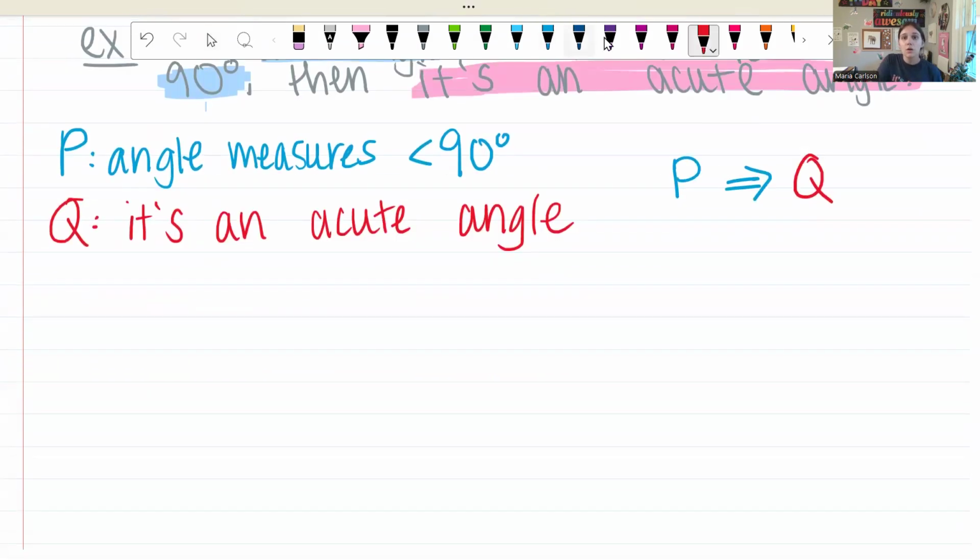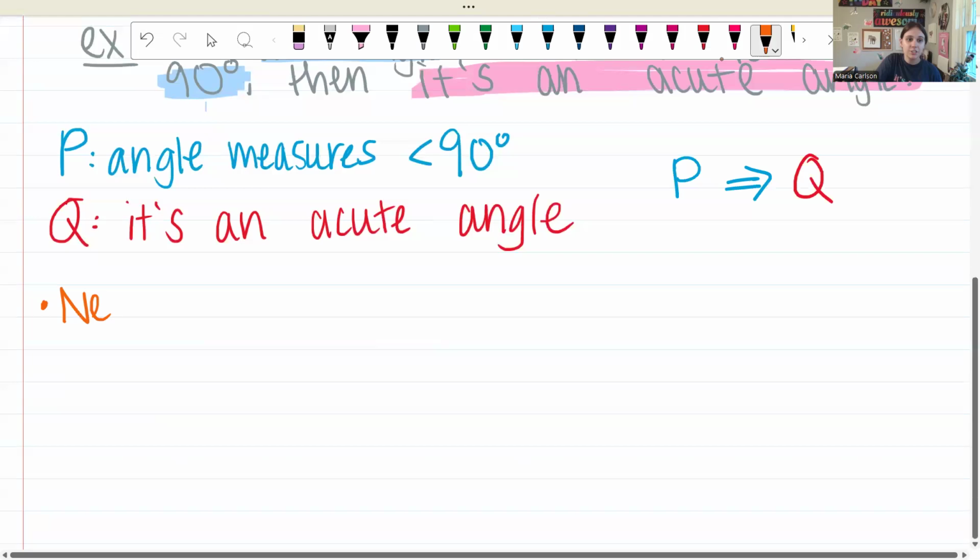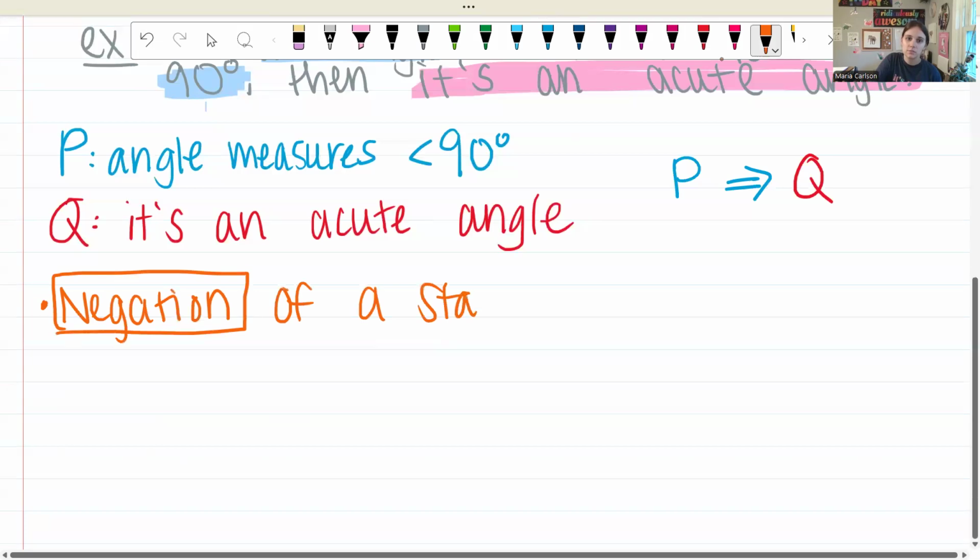When we have a statement in general, like an angle measures less than 90 degrees or an angle is acute, we can find the negation of that statement. The negation of a statement makes it not true.